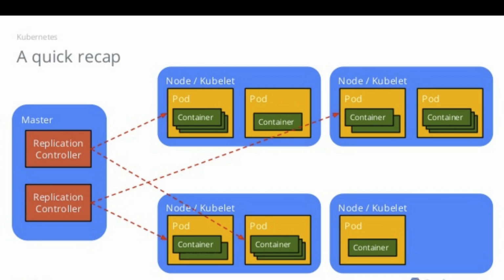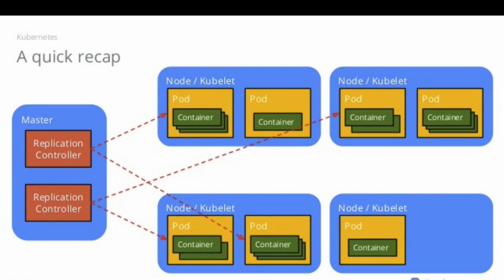So if initially I say I want 5 copies and then that's not enough and I say I want 10, I could revert that and go back to 5. Or maybe I have version 1 running and then I push out version 2 and something breaks. Oh no, I need to revert. I can quickly revert to the past replication controller. It'll make sure that my version 1 is out there.